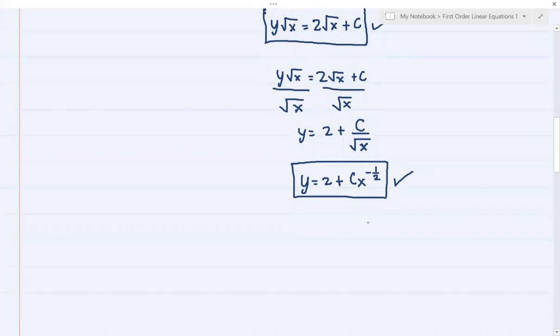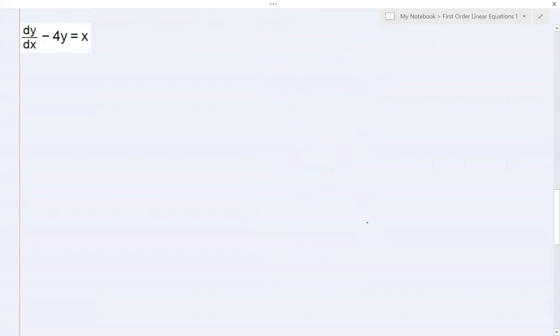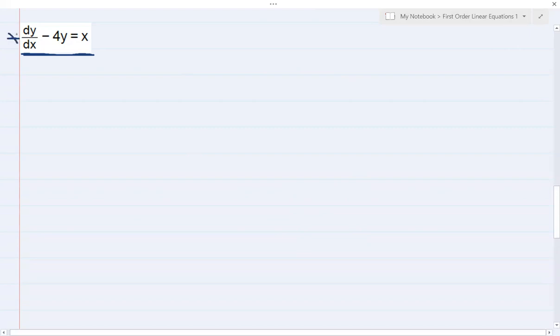Okay, so let's try another example. dy minus 4y is equal to x. Remember, the first rule here is to make it into standard form. Do you think that this equation is already in standard form? The answer is yes. First, there is no coefficient for dy over dx.